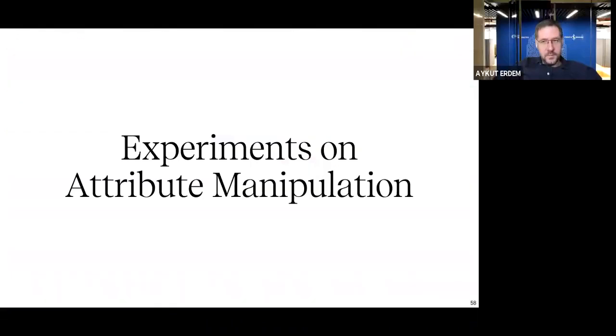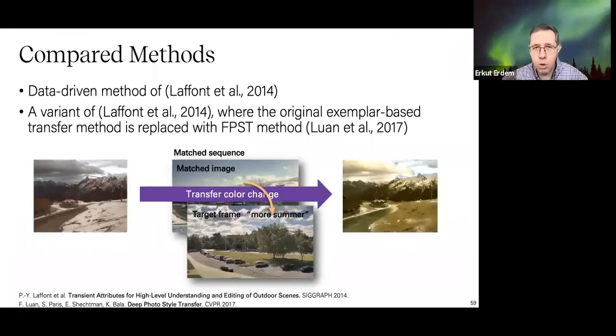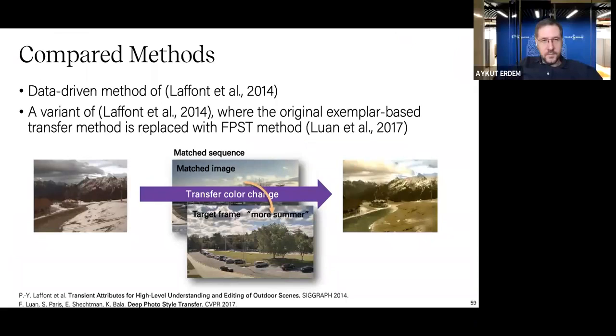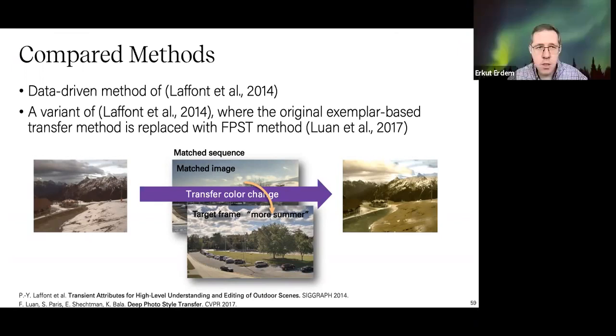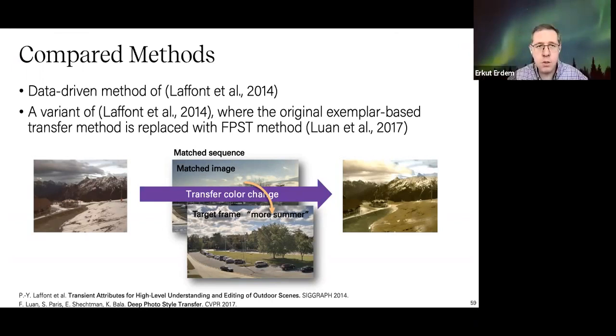So then let me continue with the experiments on the attribute manipulation part, where we considered the whole framework that we developed. Again, as I mentioned before, here we have a single baseline model that we can use for comparison, and it is the data-driven method of Laffont et al., which was presented in SIGGRAPH 2014.